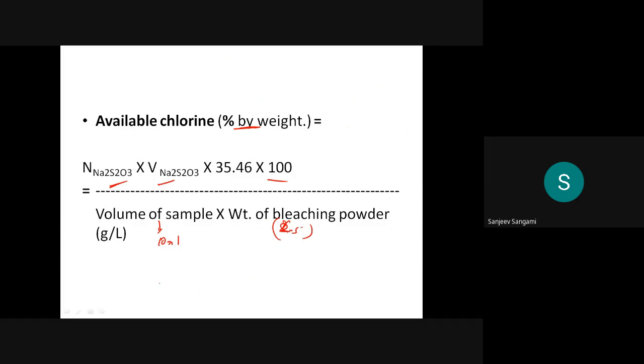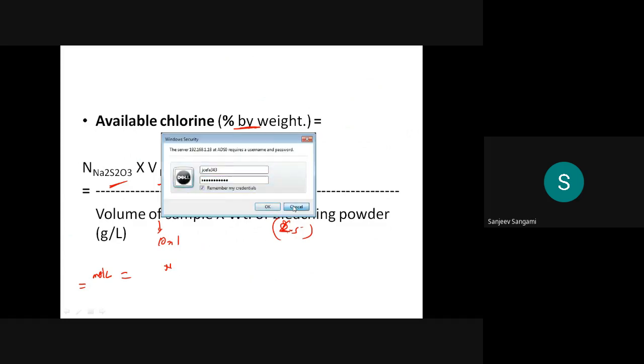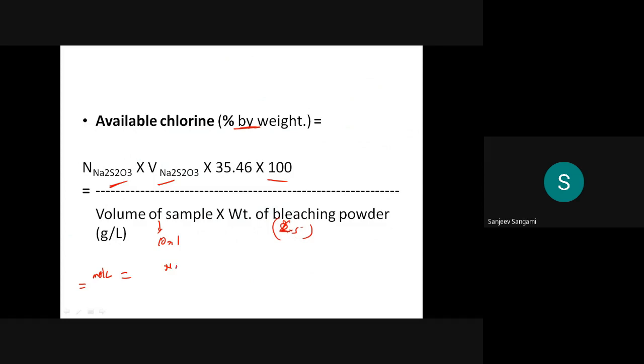One more thing: you can also express the available chlorine in milligram per liter. Here it will be the normality of sodium thiosulfate solution Na2S2O3, multiplied by the volume of Na2S2O3, then 35.46, and in place of 100 you replace it with 1000, divided by the sample volume, that is 10 ml.